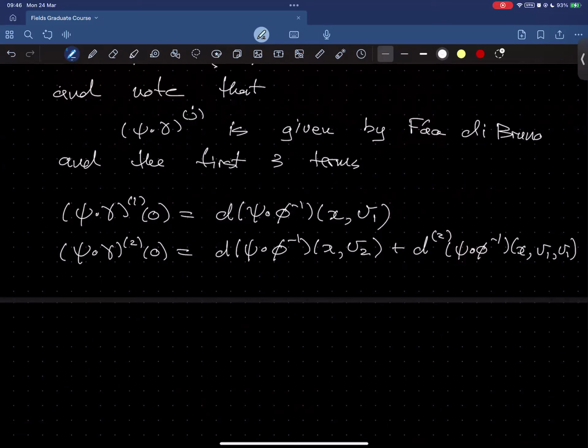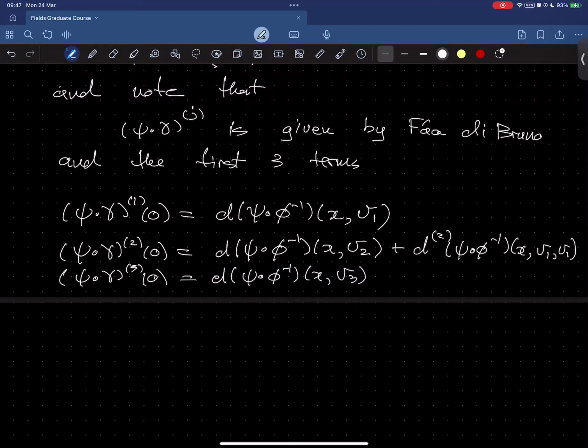And then, like I said, I'll do the first three of these. So psi composed with gamma 3 at 0 is, right? So this one, and they get longer and longer. Okay, so it's d psi composed with phi inverse of x, v3. Okay, that's the first term.